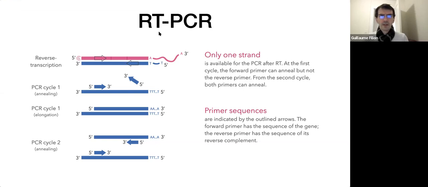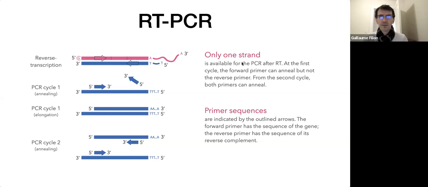Here you have the RNAs coming from the cell, highlighted in pink with the cap and the poly-A tail. You first start with the reverse transcription, which uses the poly-T primer that is there. Just as in the previous slide, you go from 5' to 3' and produce a complement of that particular sequence. So that's the RT.